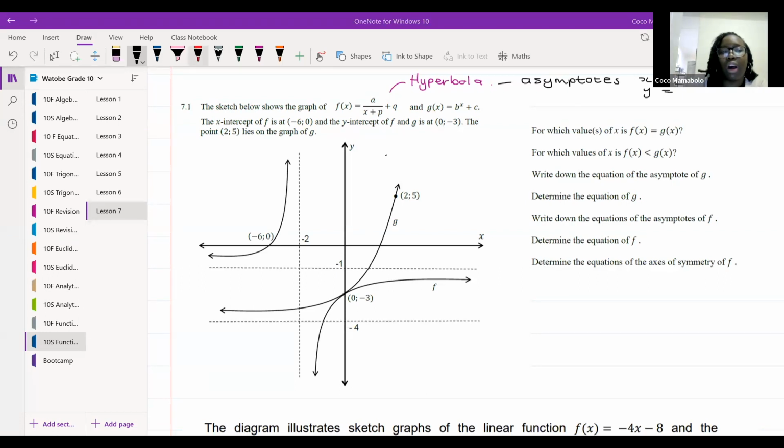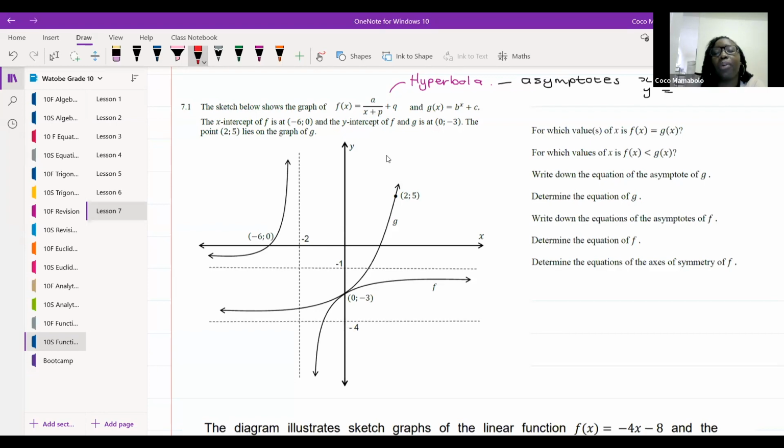And what kind of graph do we have over here, guys? What kind of graph is this? B to the power of x plus c. What kind of graph are we dealing with? It's not a parabola. It's not a tan graph. That's it, Tiana.